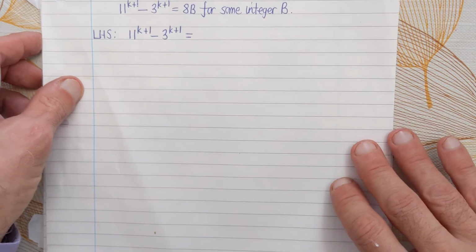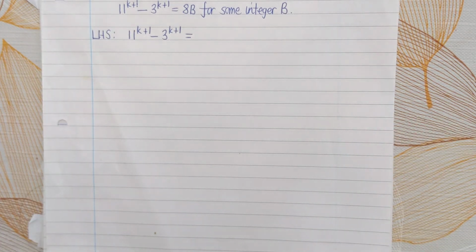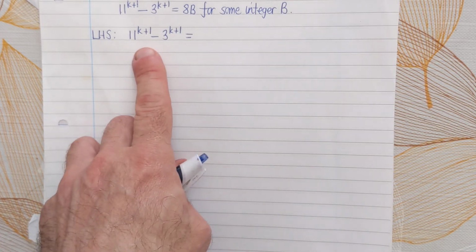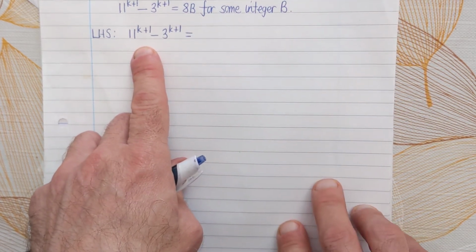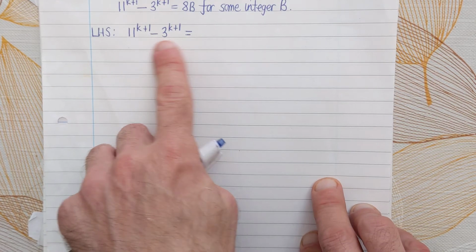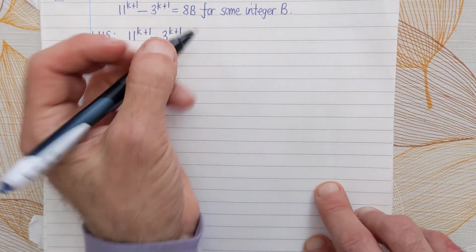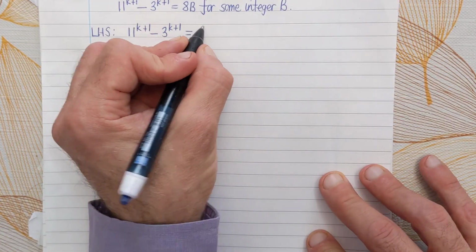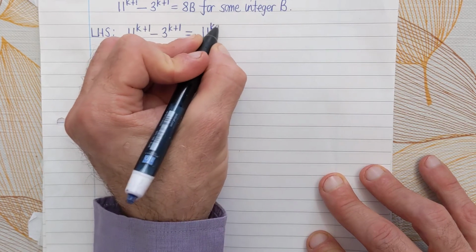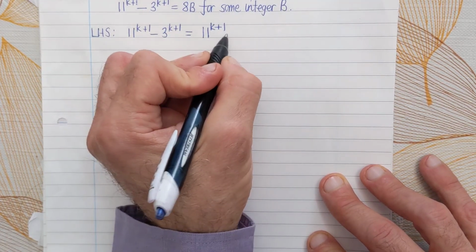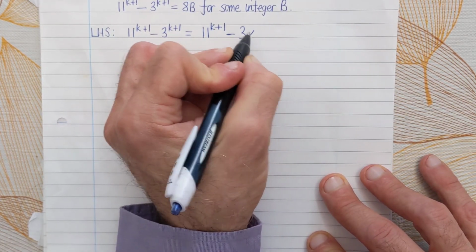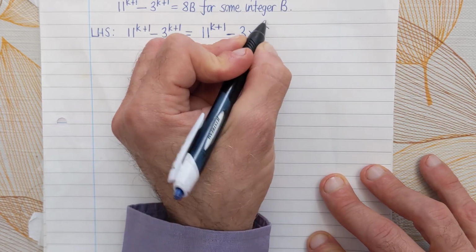I just want to show what would have happened had we taken a slightly different approach with the n equals k plus 1 case. And if I'd written here instead 11 to the power of k plus 1 minus 3 times 3 to the power of k.